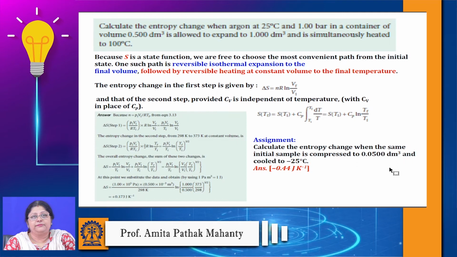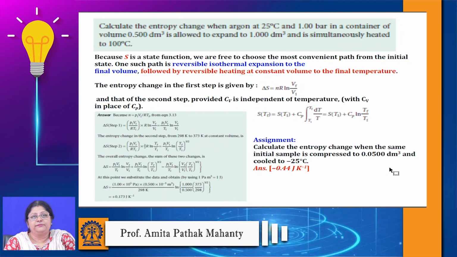So for the total change in entropy, we are interested only in the initial and final values. We are not interested in how the path is executed because entropy is a state function. So first I chalk out a path, computing the entropy change for a reversible isothermal expansion, where the gas at 25 degrees centigrade and 1 bar, contained in a volume of 0.5 dm cube, is changed to 1 dm cube.